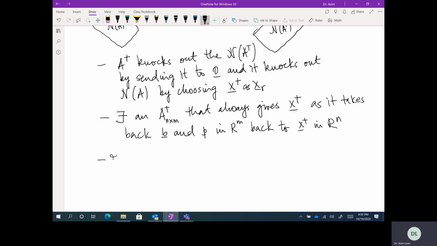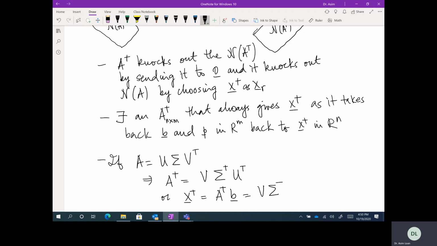So if A equals U sigma V transpose, this implies the pseudo inverse is V sigma plus U transpose, or x plus is A pseudo inverse b, which is equal to V sigma plus U transpose into b, right?